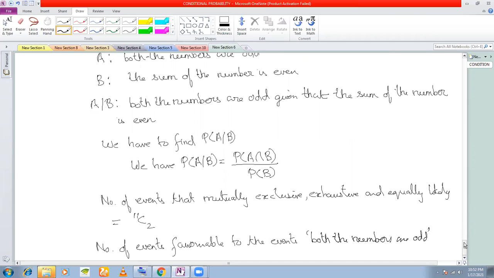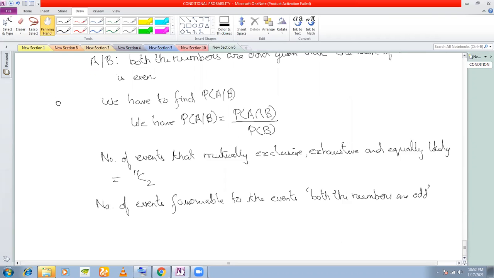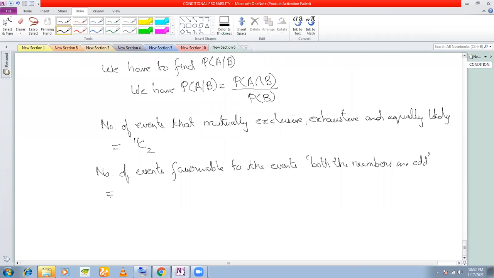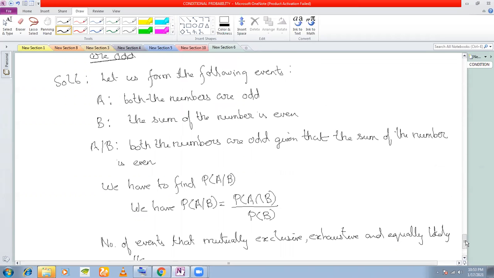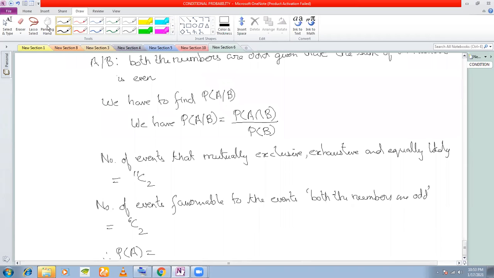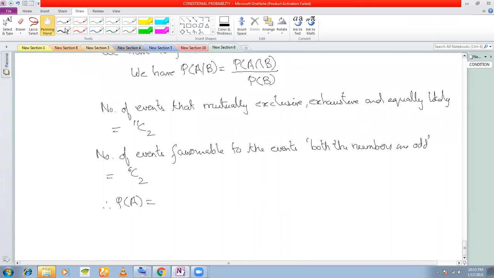Now tell me, from 1 to 11, how many odd numbers? 1 is an odd number, 3, 5, 7, 9, and 11. 6 odd numbers. Now from 6 odd numbers, you are choosing 2 odd numbers. You can do it in 6C2 ways. So therefore, what is P(A)? 6C2 by 11C2.